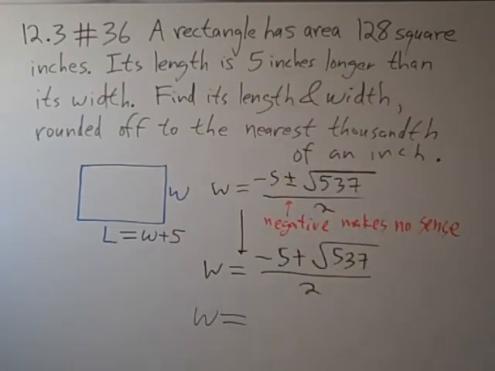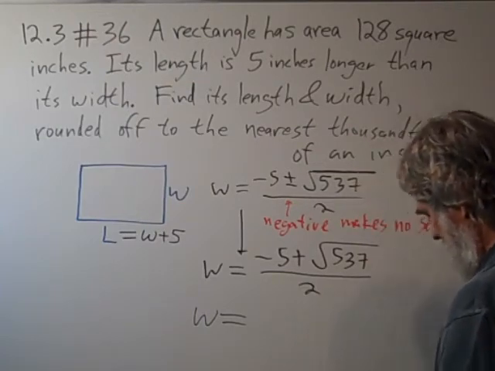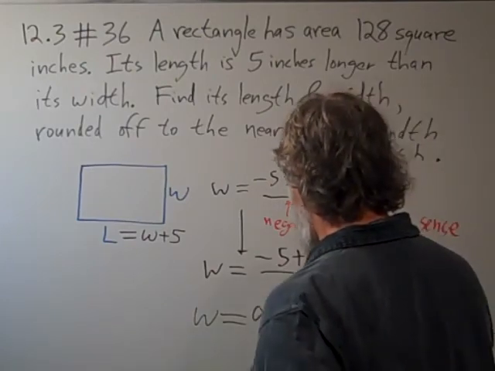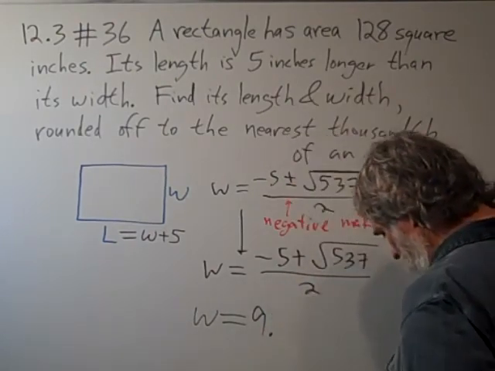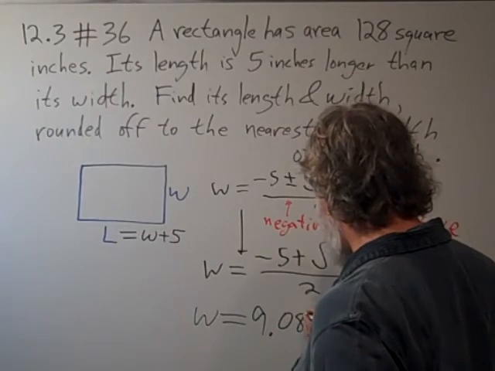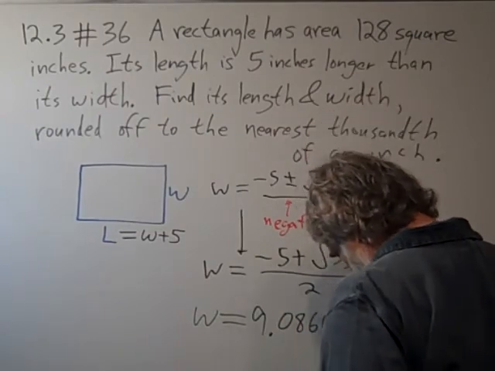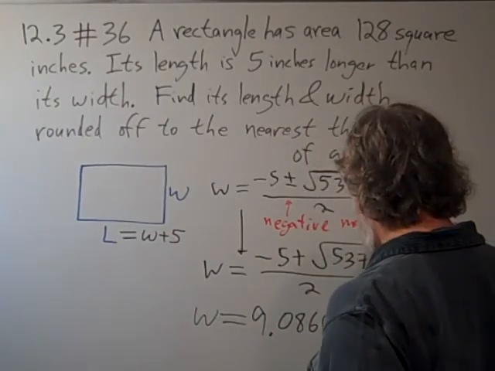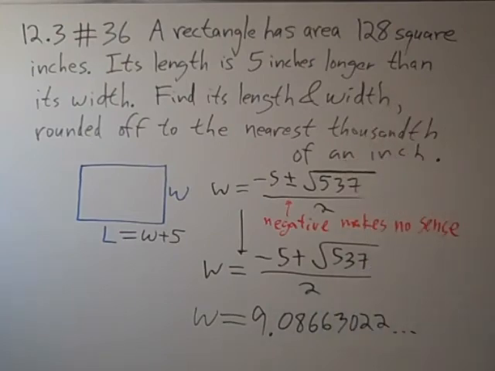So the square root of 537, and then we subtract 5, then divide by 2, and we get 9.08663022 and on.